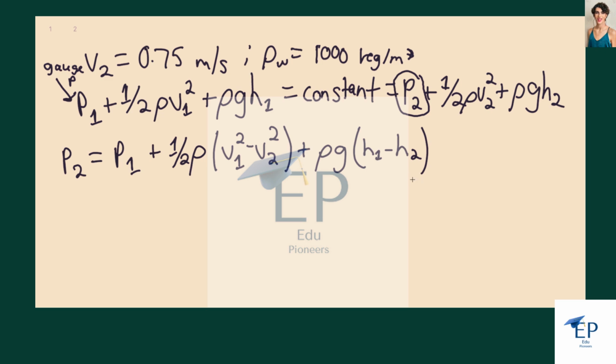Here they have told us that the height difference, or rather delta H, is going to be 11 meters. We are given as well the initial gauge pressure of 5 times 10 to the 4th pascals. And at this point, we can solve for this.